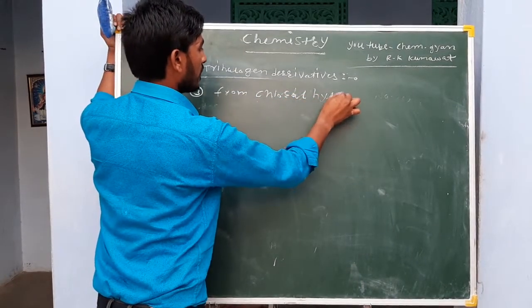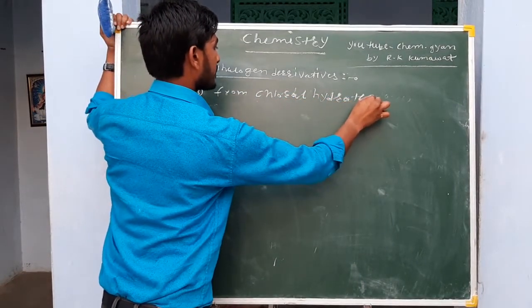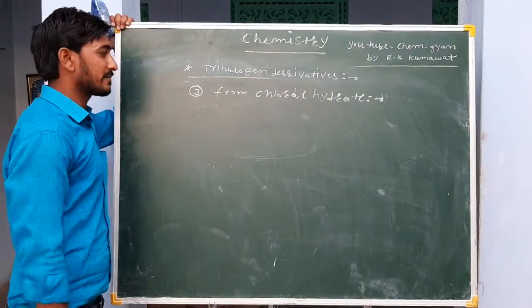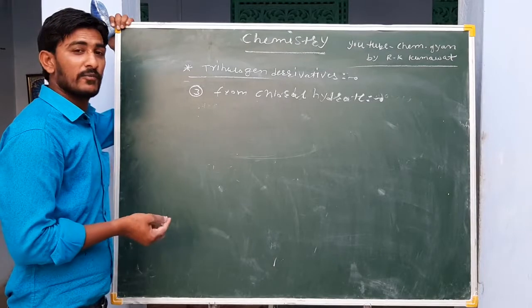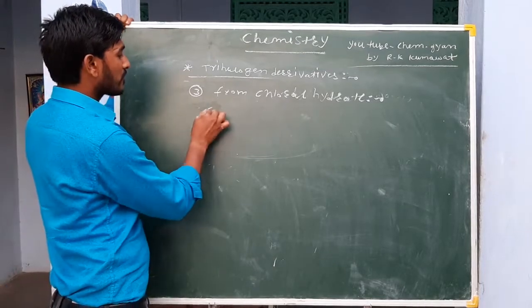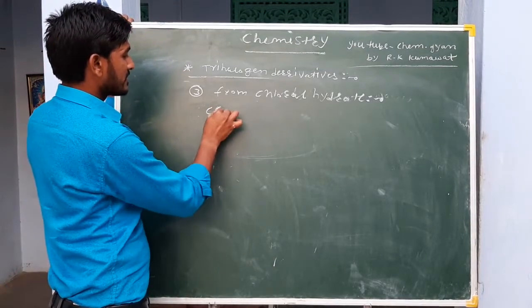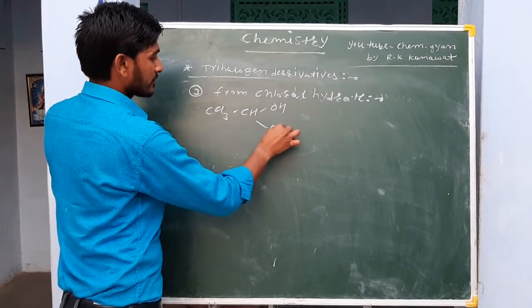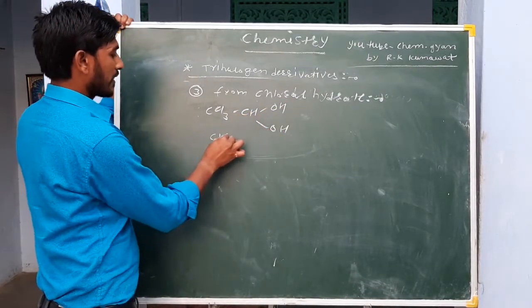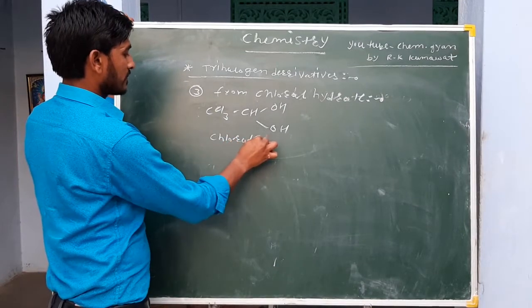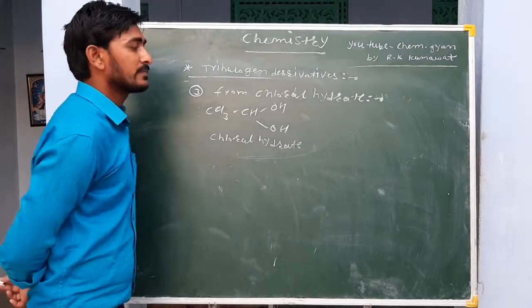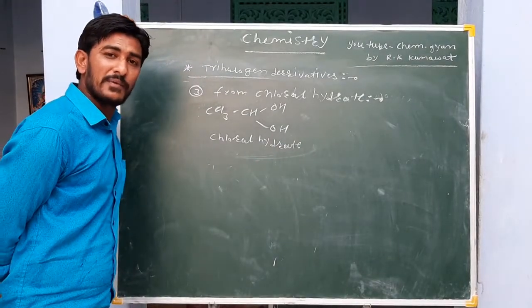How will we prepare chloroform from chloral hydrate? Formula of chloral hydrate is CCl3CH(OH)2. In this reaction, chloroform is formed in pure form.